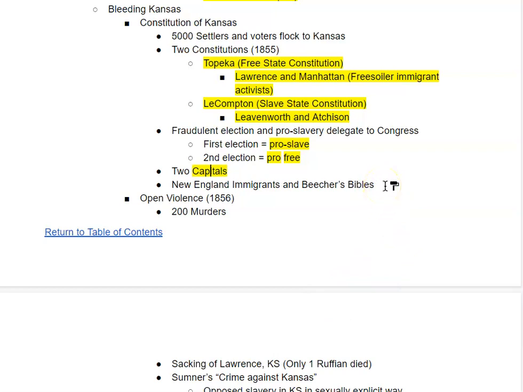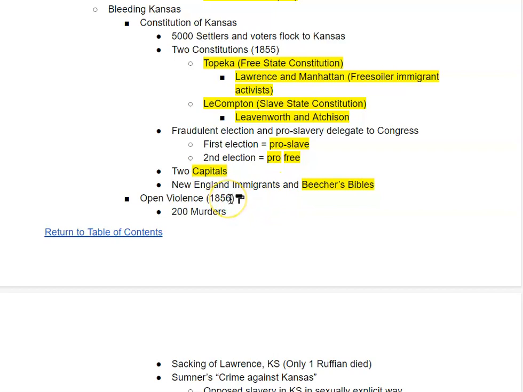You had a preacher named Henry Ward Beecher who very famously sent rifles in boxes labeled Bibles. And so that particular type of rifle was known as a Beecher Bible, because when they were sent to Kansas to arm the people of Kansas against each other in violence over whether or not they would have slavery or freedom in Kansas.